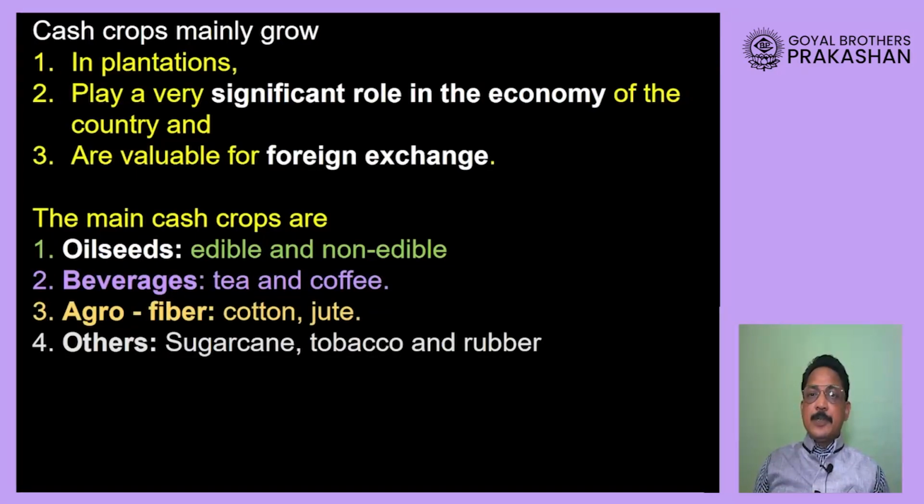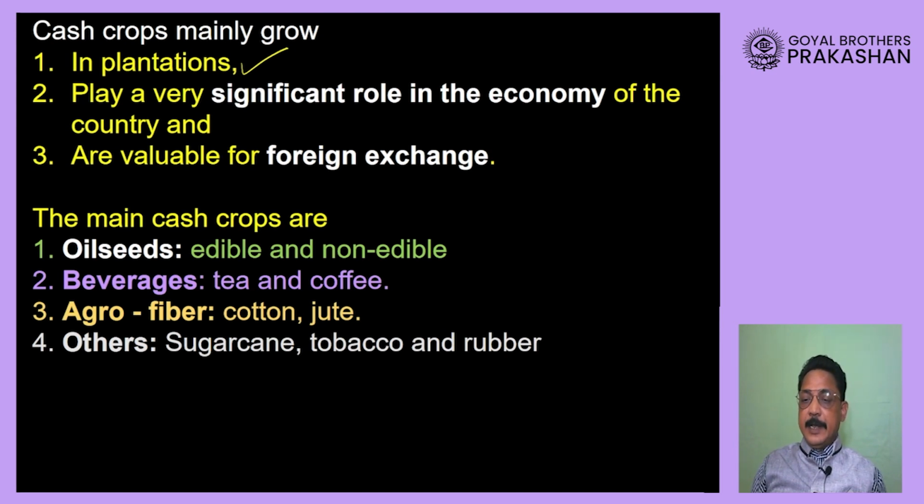Now these crops are grown as plantation crops in many cases. The meaning of the word plantation is farming done on an area of more than 100 hectares of land. These crops play a very important role in the economy of a country.